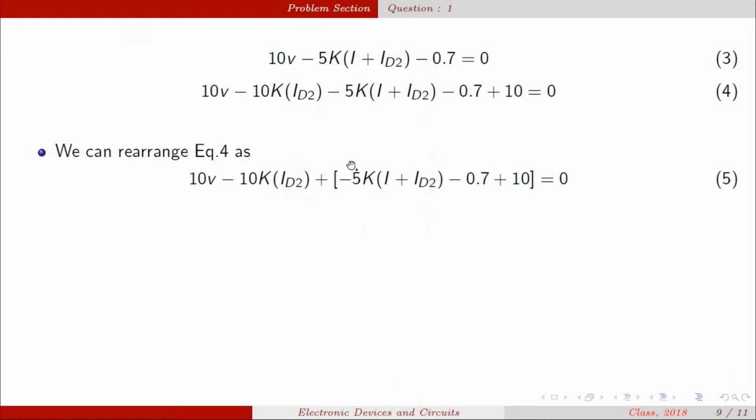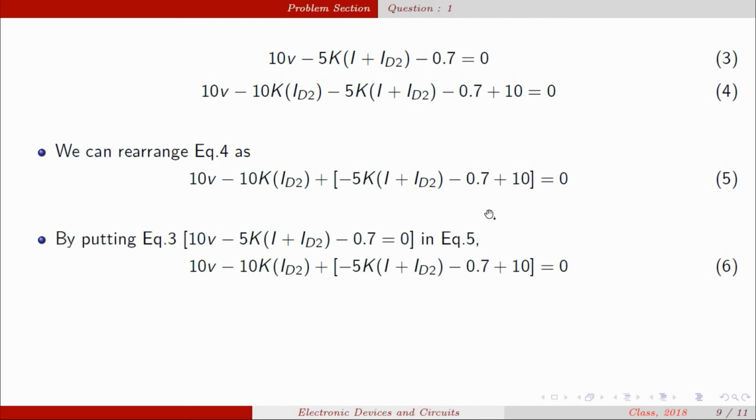Now just rearranging, these are taken separately. This is the same as in the third equation. We can see that the value of this term is 0, so we can replace this term with 0 by putting it in equation 5.